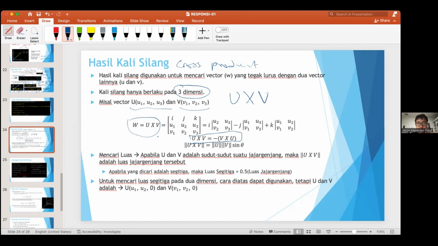If you try flipping it upside down, the result will be completely different. So make sure you put u and v in the right place. And this is also an additional formula to find the length. The length of u cross v is basically the length of u times the length of v times the sine of the angle between them.